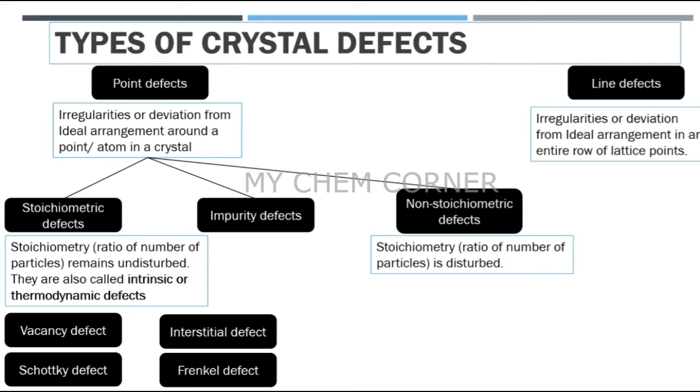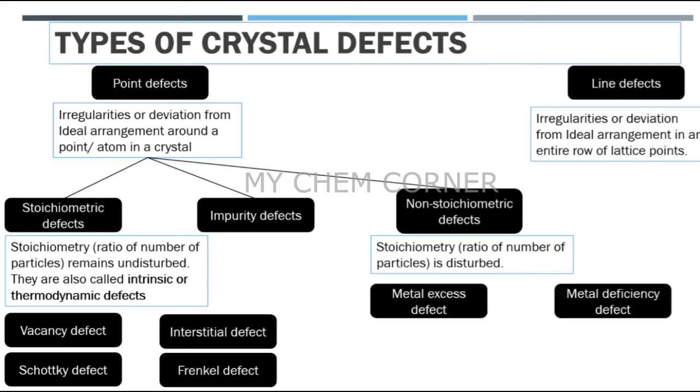That's what it means. Now, non-stoichiometric defect can be classified into two: metal excess defect and metal deficiency defect. So, like I told you, if you have another metal coming into the picture in that particular crystal, you can have a metal of a different valency. In that case, you're going to have a metal excess defect, because in that particular crystal, you're going to have more metals right now.